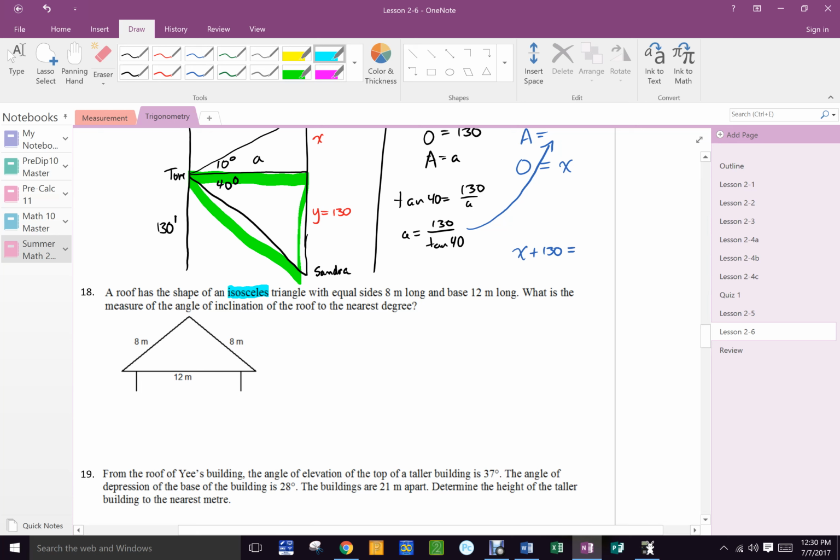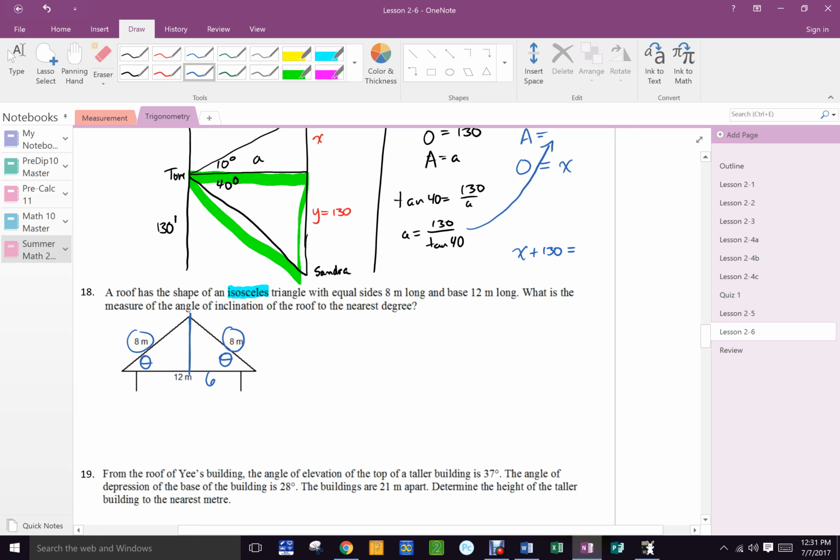So an isosceles triangle is just this. It says those two sides are the same. If those sides are the same, what do you know about these two thetas? They're the same. I want to know what that angle of inclination is. So I have to cut that in half, which makes this how long? 6.